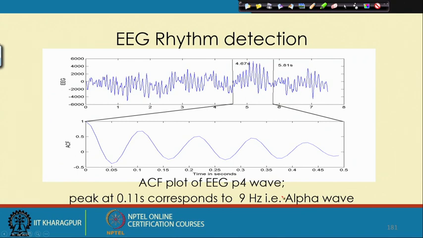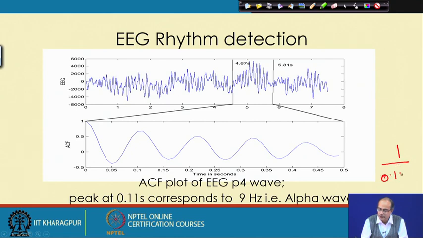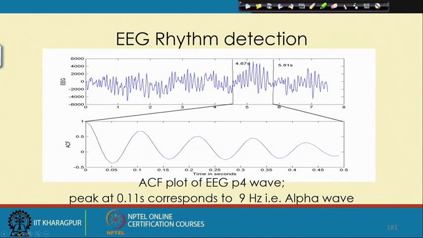Taking that as a reference, we computed the autocorrelation function of the overall signal, with a total duration of 7.5 seconds. We computed that ACF, and we could get peaks. The first peak was at 1.11 second, corresponding to 0.11 second. If we take the reciprocal of it, it gives us 9 hertz, and from there we could tell that an alpha wave is there. That was the last effort we made with the time domain technique.